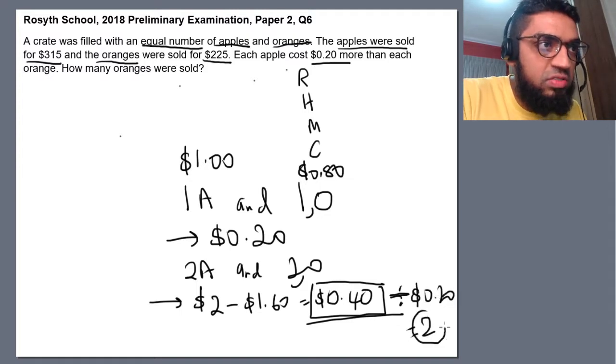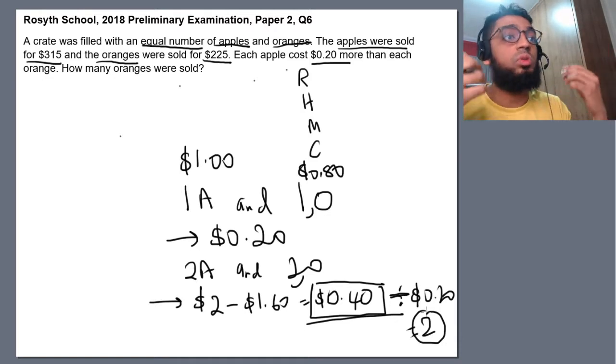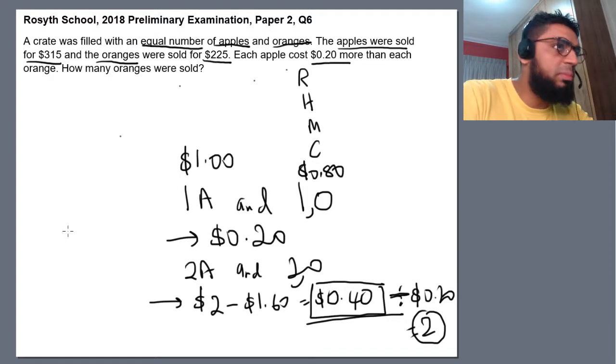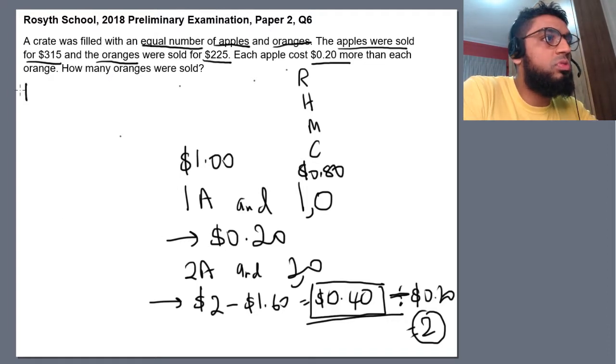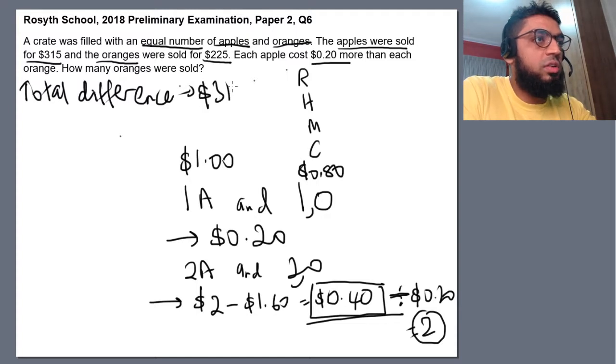This 2 actually gives us the number of each of apples and oranges that was sold. So the same thing for this question. We are supposed to find the total difference first between the apples and oranges. So first step, the total difference is $315 minus $225. That will give us an answer of $90.